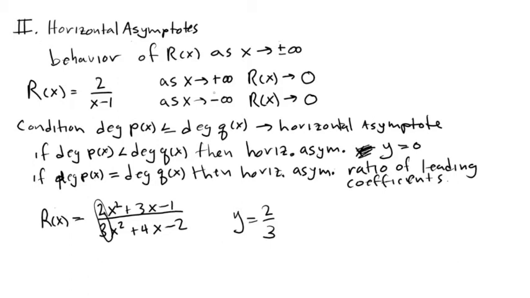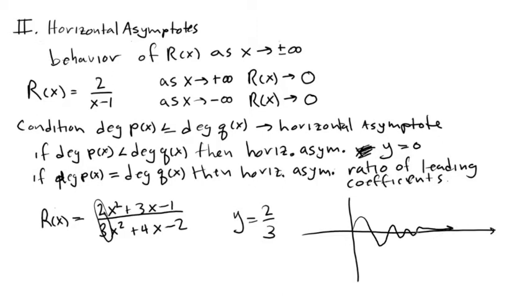There is a point after which it no longer crosses the asymptote, but approaches it. So just a real quick visual here. If y equals 0 is my horizontal asymptote for this imaginary function, I can have this function cross lots and lots of times, as long as eventually it settles down and starts approaching.